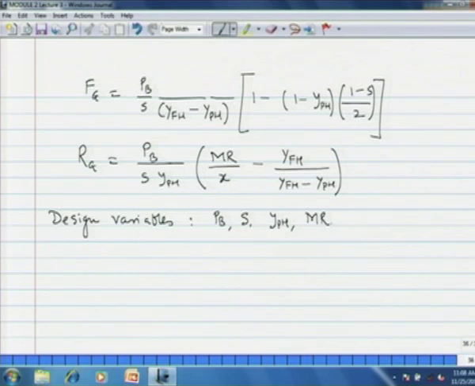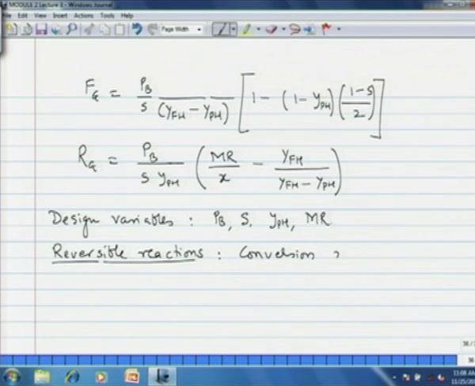In some cases the reactions are reversible. For these reactions the conversion X is a design variable. Of course, the design variables which we listed earlier also include X, that we left out. So the design variables are 5: Pb, S, YPH, Mr and X. Okay.